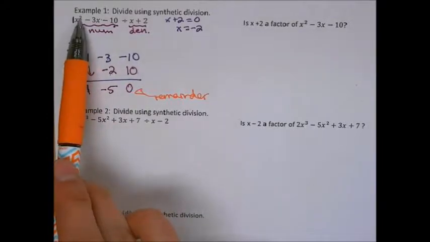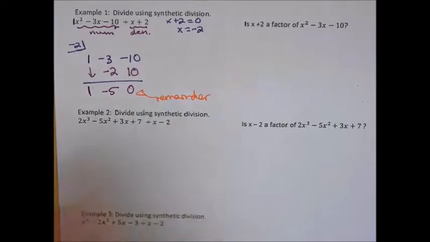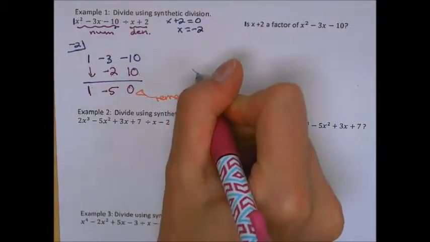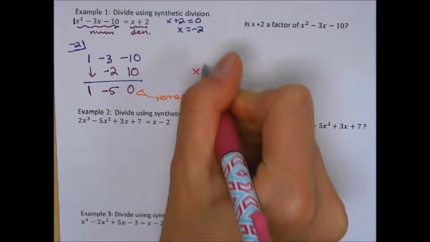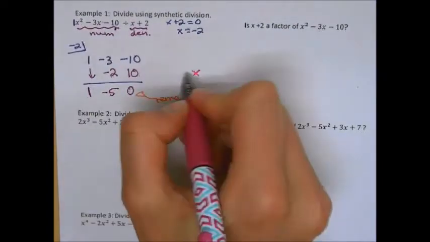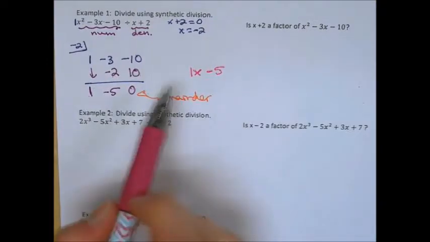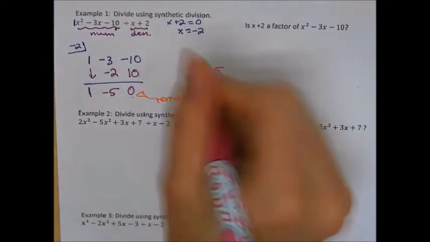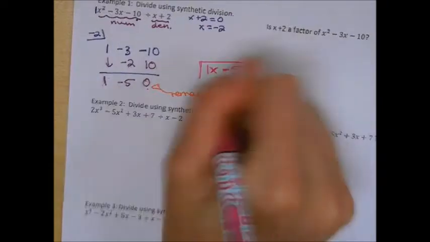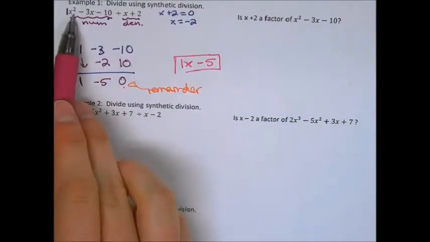So the original was a 2. So in our answer, we're going to start with x to the first. And what's the number in front of the x to the first? 1. And then we have minus 5. And then the remainder is 0. So again, I got the x because that's 1 less than x squared.